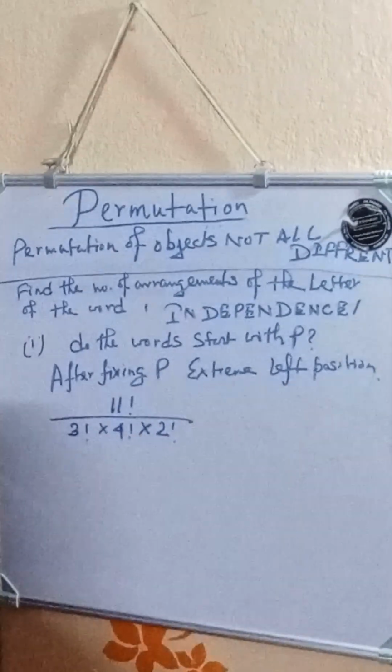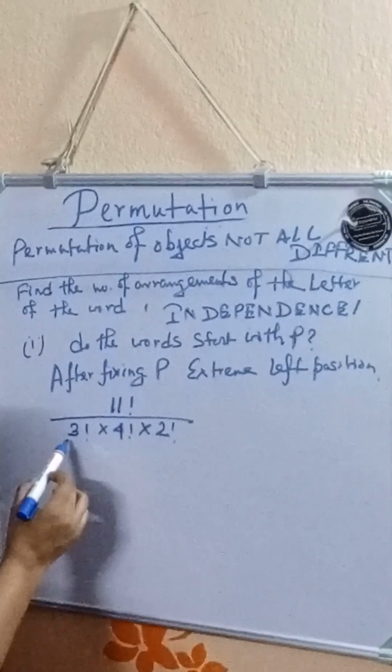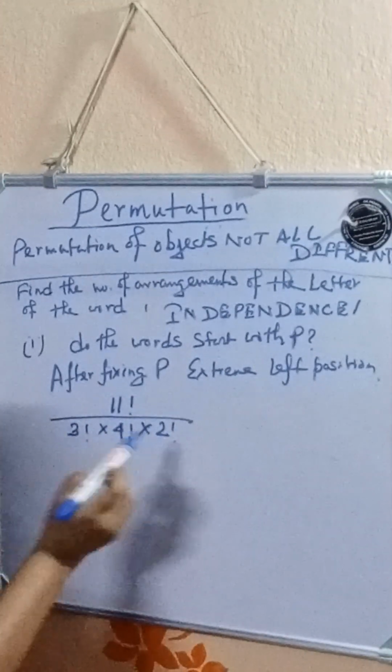Therefore, the total number of arrangements is factorial 11 divided by factorial 3 into factorial 4 into factorial 2.